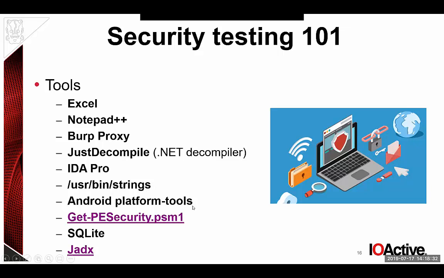For Android platforms, the small tools like ADB, Logcat, ADB Shell, etc. This PowerShell module, which dumps the security flags that are implemented in PE executables and libraries, the DLL files, right? SQLite, to dump the content of small databases stored in your iOS or Android. And Jadx. Jadx is basically a GUI that automates all the reverse engineering process of APK files. You just choose the APK and you will see the source code decompiled.